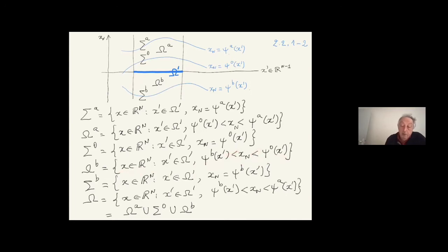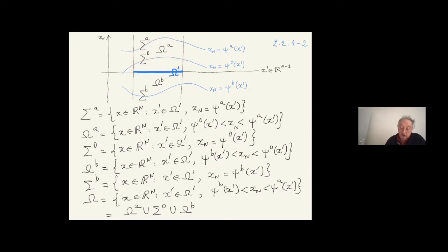Omega A is the above part of omega, and it is here. This is a vertical cylinder with an above boundary which is sigma A and a below boundary which is sigma 0.